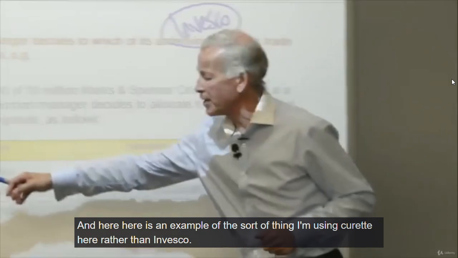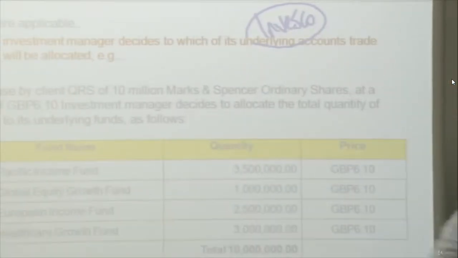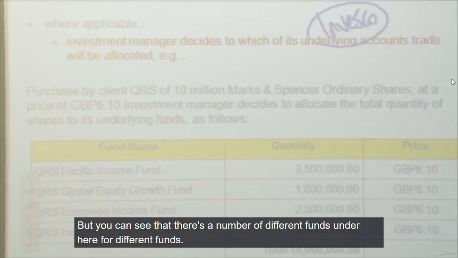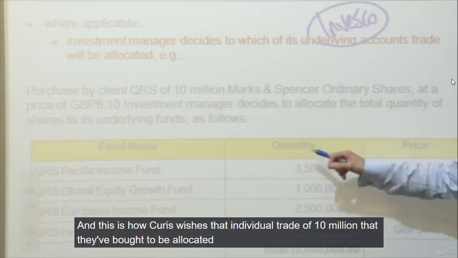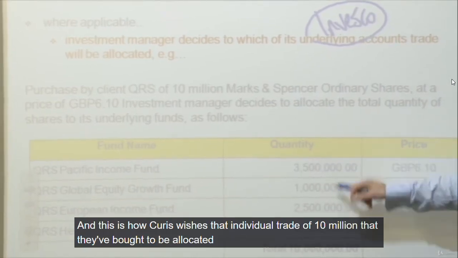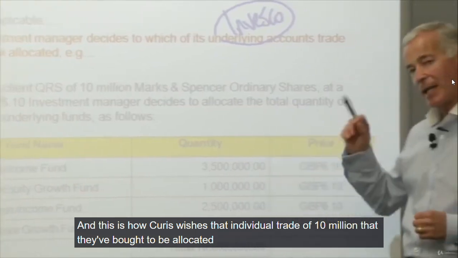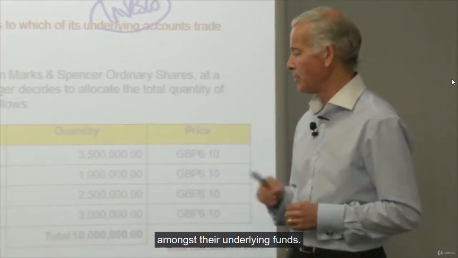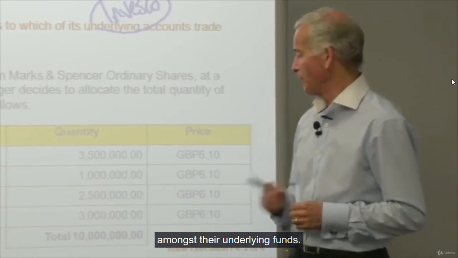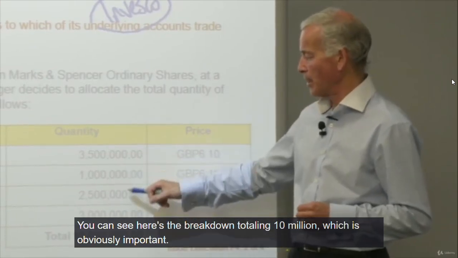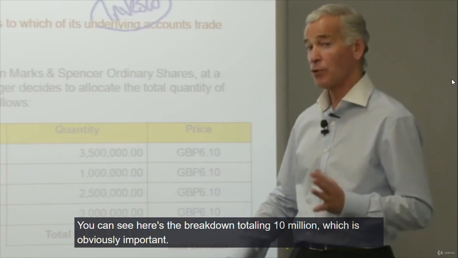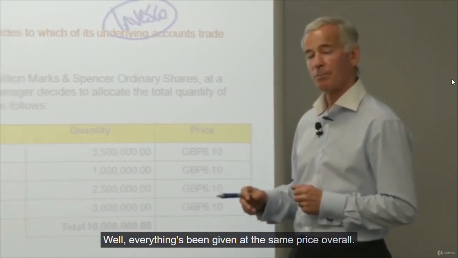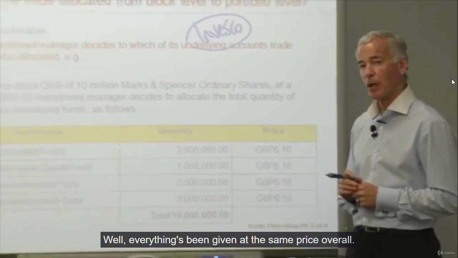I'm using QRS here rather than Invesco, but you can see that there's a number of different funds under here, 4 different funds, and this is how QRS wishes that individual trade of 10 million that they've bought to be allocated amongst their underlying funds. You can see here's the breakdown, totaling 10 million, which is obviously important. And here is the price. Well, everything's been given at the same price overall.